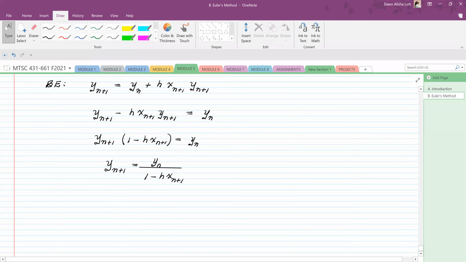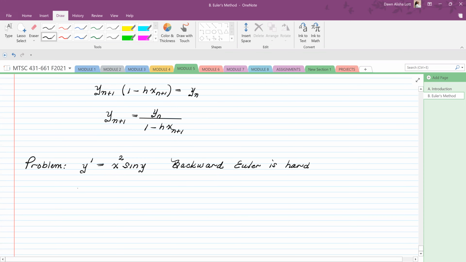Okay. But here's a problem. y prime is equal to x squared sine y. Now we have a problem. Because now backward Euler is hard.